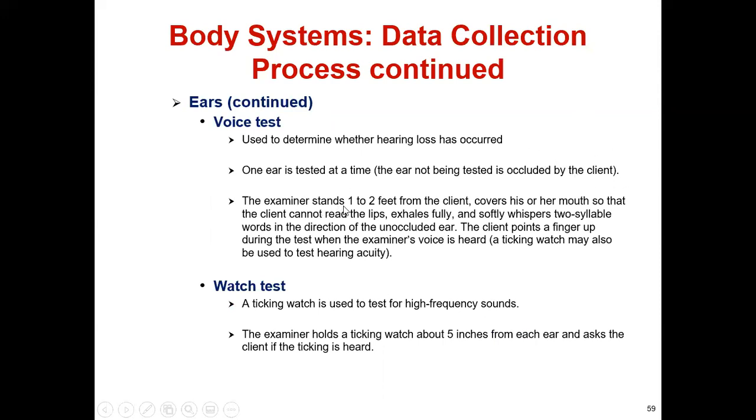The examiner stands 1 to 2 feet from the client and covers his or her mouth so that the client cannot read the lips, exhales fully, and softly whispers a two-syllable word in the direction of the unoccluded ear. The client points a finger up when the examiner's voice is heard.